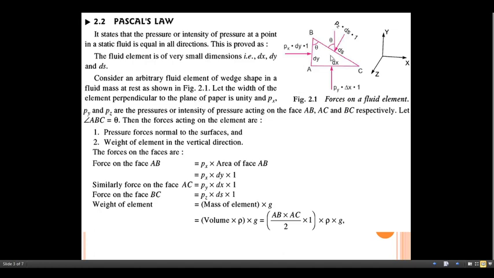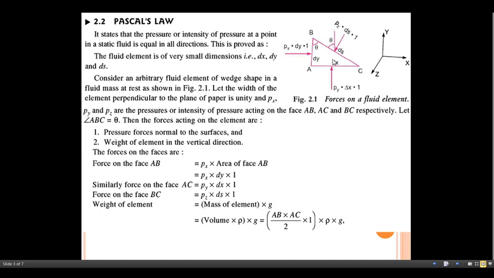Let angle ABC equal theta. Then the forces acting on the element are, first, the pressure normal to the surfaces, and next, the weight of the element in the vertical direction.